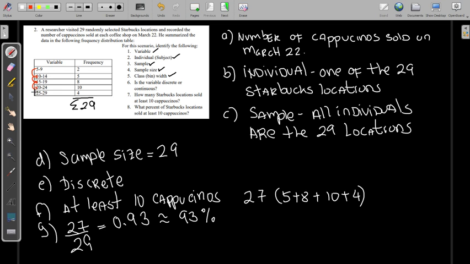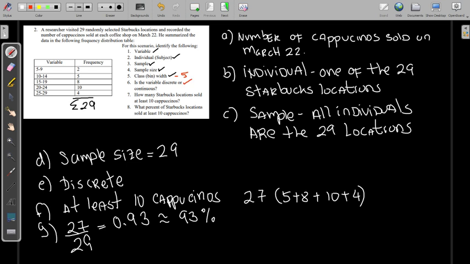Between 15 and 20, there are 5. And between 20 and 25, there are 5. So the answer to the question, what is the width of each class? This is called a class. This is a class. This is a class. So this is not a group, it's a class. It's 5. I think the answer at the bottom says 15, so that's a mistake, it's 5. That's the class size. It's easy to determine the class size by looking at the numbers that each class begins with. Okay, so we did that one.